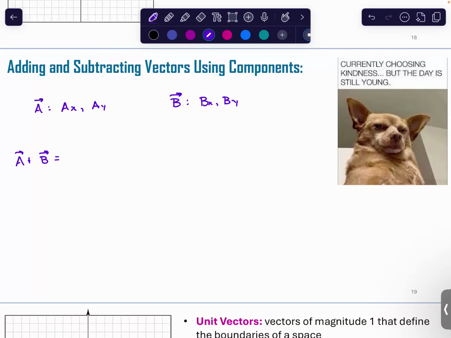The addition of these two, if we say that A plus B gives us vector C, that means that the components of CX is going to be AX plus BX, and CY is going to be AY plus BY. So when you add together the vectors, you add their individual components together. Last semester, for some reason, a lot of people wanted to start adding X and Y together. Don't do that. Those are different dimensionally.